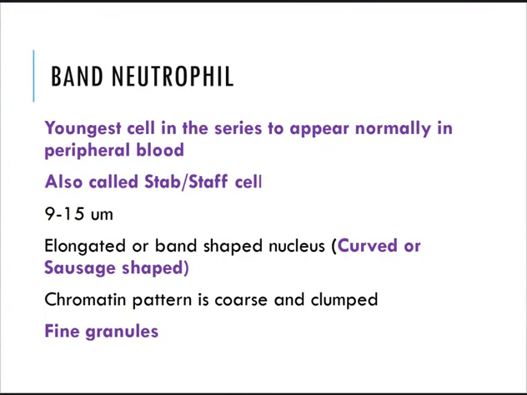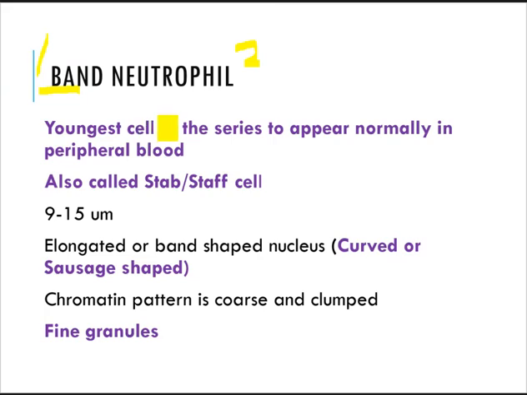Now next, we have your band neutrophils. So this one, guys, is your level 1 of your neutrophil, because your segmented neutrophil, we are going to talk about later. Your segmented neutrophil is level 2 while your band neutrophil is level 1.